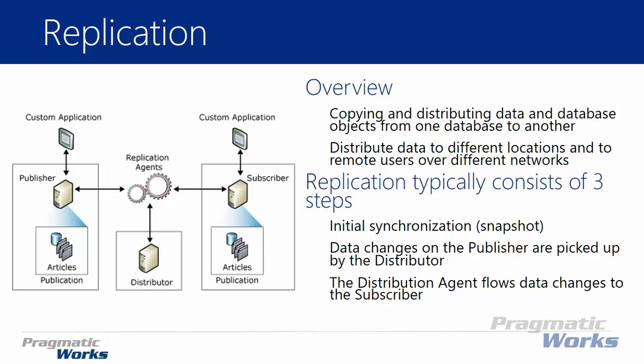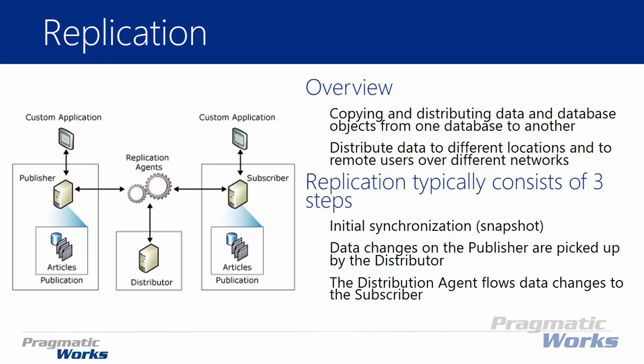Here on the screen, you can see we have our custom applications, and one is pointing to our publisher, and that publisher has some articles in it. It communicates via our distributor to our subscriber. It utilizes replication agents, which we'll look at a little further down in the slide deck. And these replication agents push the data, or our articles from the publication, to our subscriber.